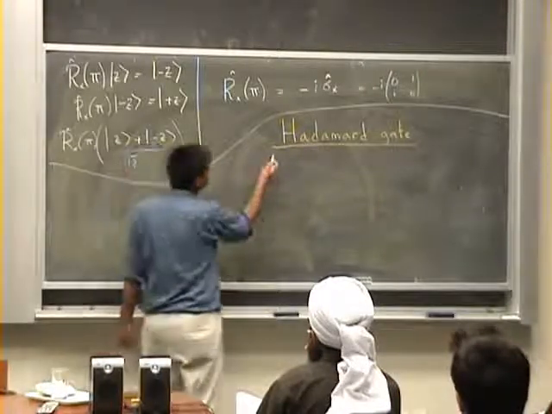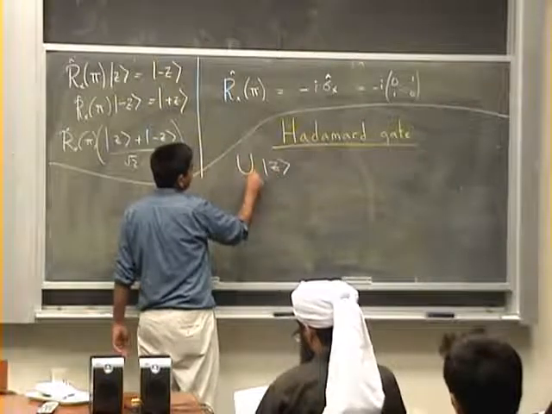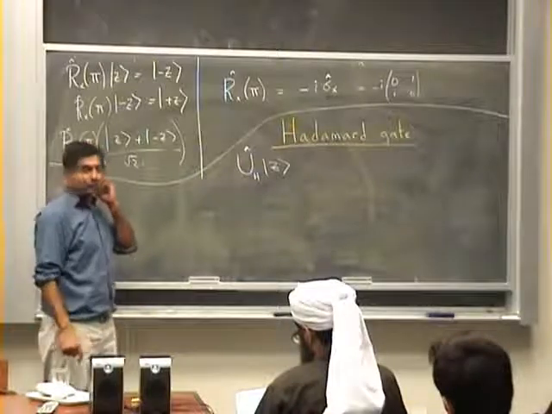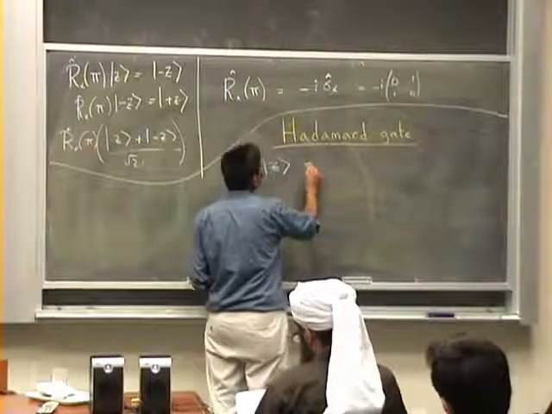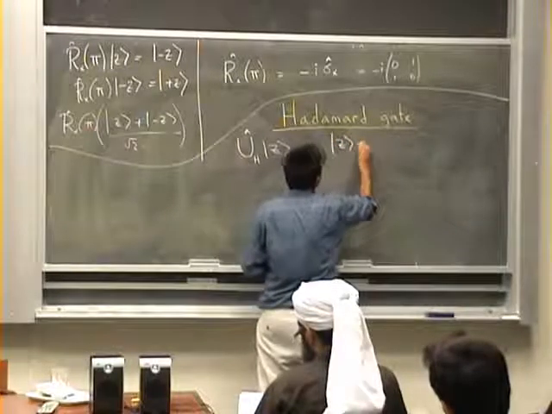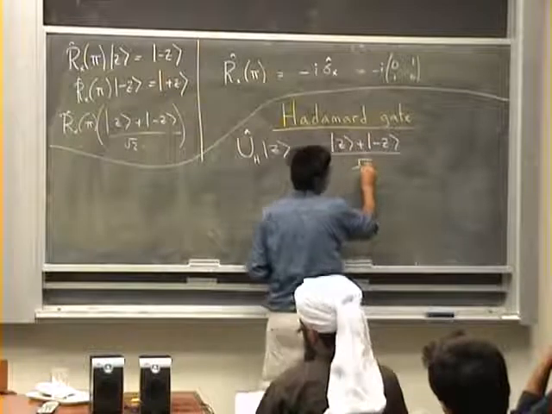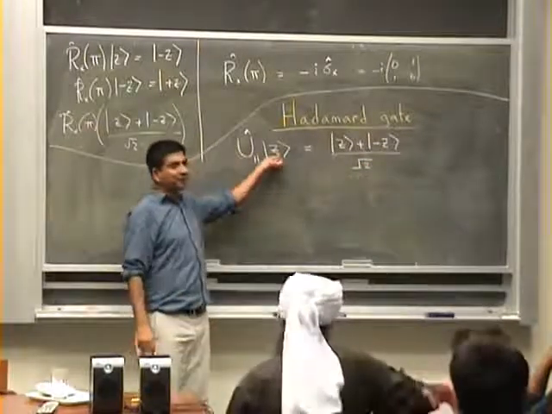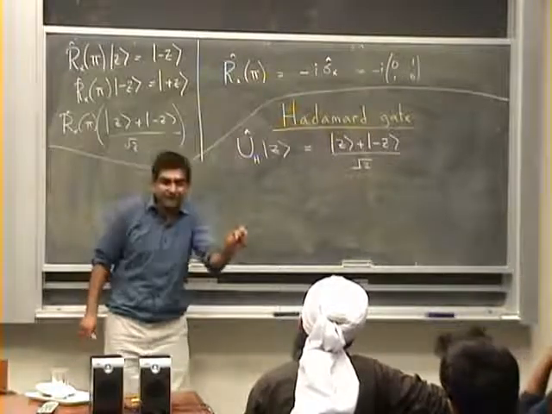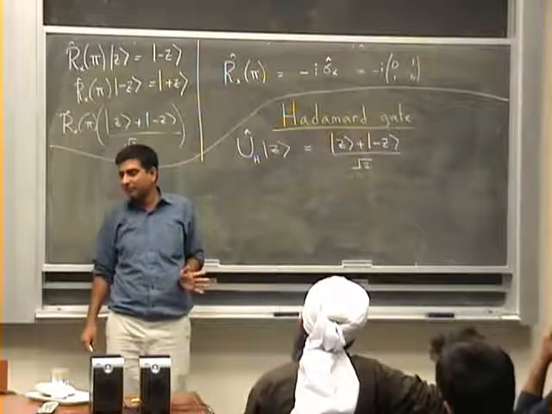So if you input say plus z and you have a Hadamard gate UH, what this will do is it will prepare a superposition ket z plus minus z over root 2. That is, if you input horizontally polarized light into this Hadamard gate, you will get horizontal plus vertical, 45 degrees polarized light, over root 2.